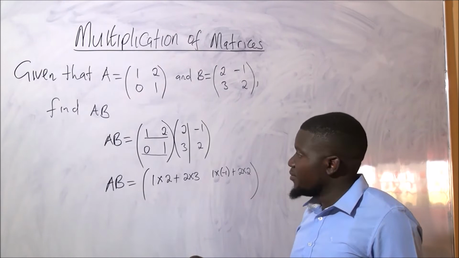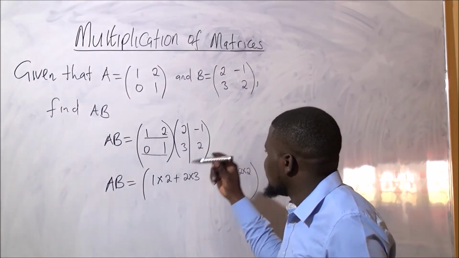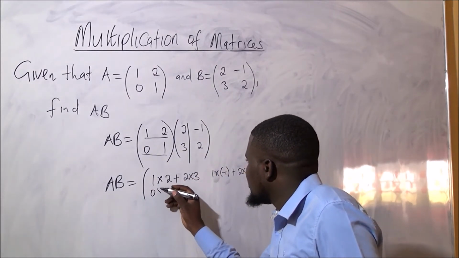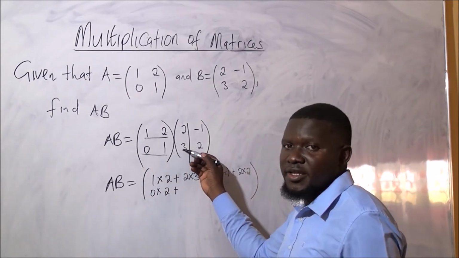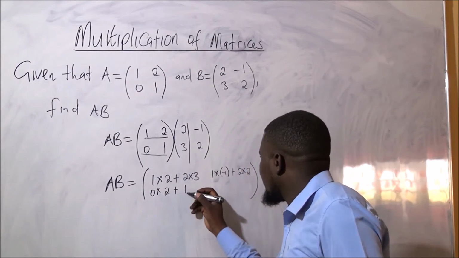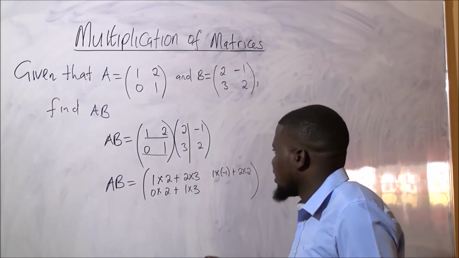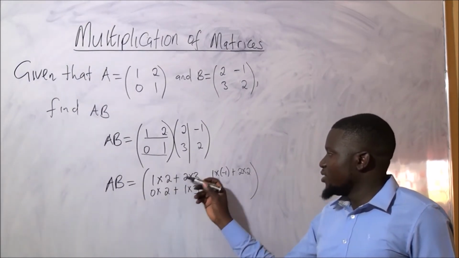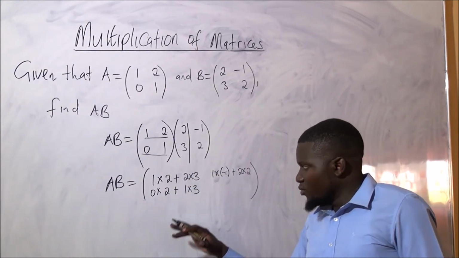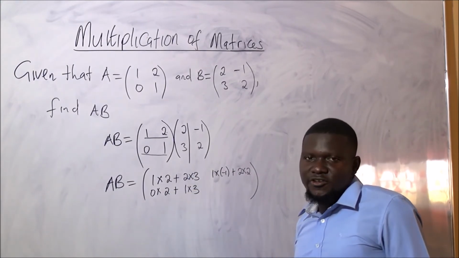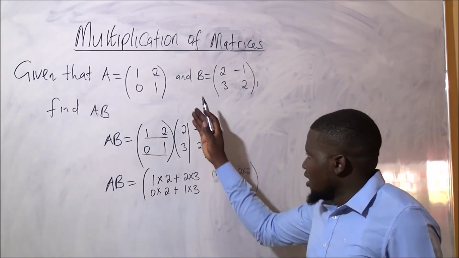We'll do the same. 0 multiplied by 2 plus 1 multiplied by 3. As you multiply, the last numbers you're multiplying must be the same. Check: 2 is 2 here, 3 and 3 here. So this shows that we are on the right track. Then we are done with the first column.